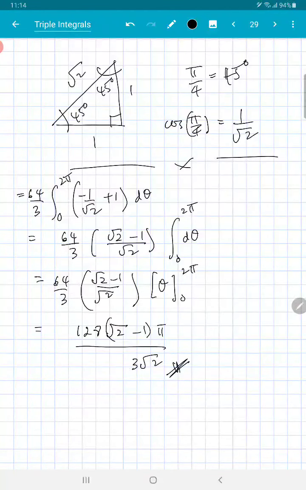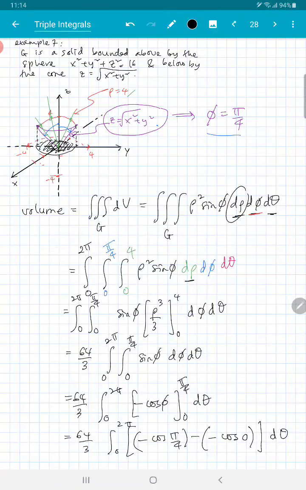Or you can leave your answer as a decimal number. So that is how you find volume using spherical coordinates. Usually we use spherical if our solid is part of a sphere and a cone. But remember, dV is rho squared sine phi d rho d phi d theta. Okay, thank you.